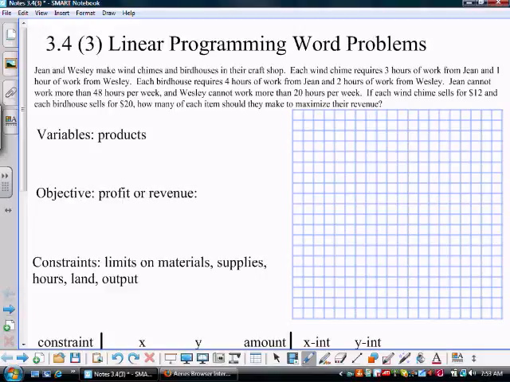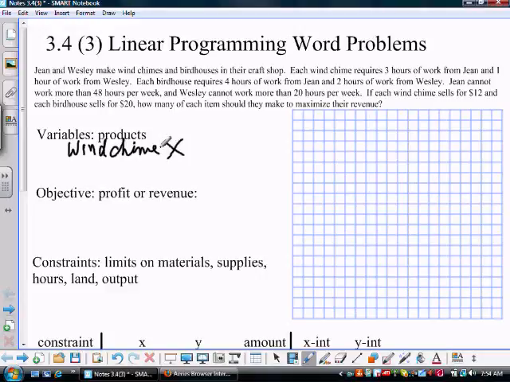In this problem, what are we producing? Birdhouses and wind chimes. Those will be our two variables, x and y. We're not going to have more than two variables in these problems. Since wind chime is mentioned first, I'm going to write wind chime first and call that my x.